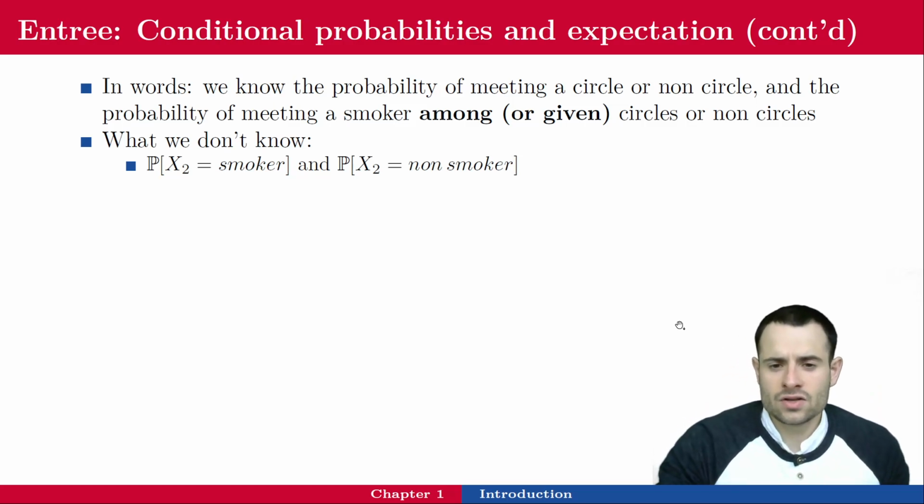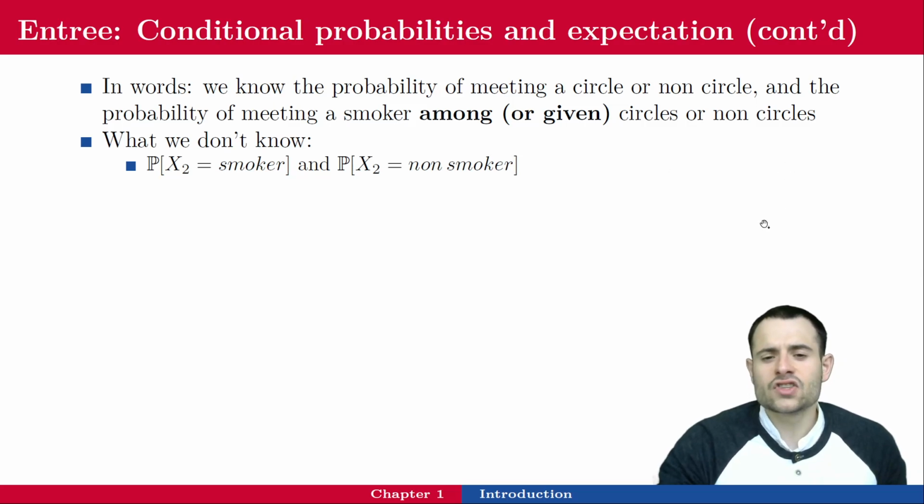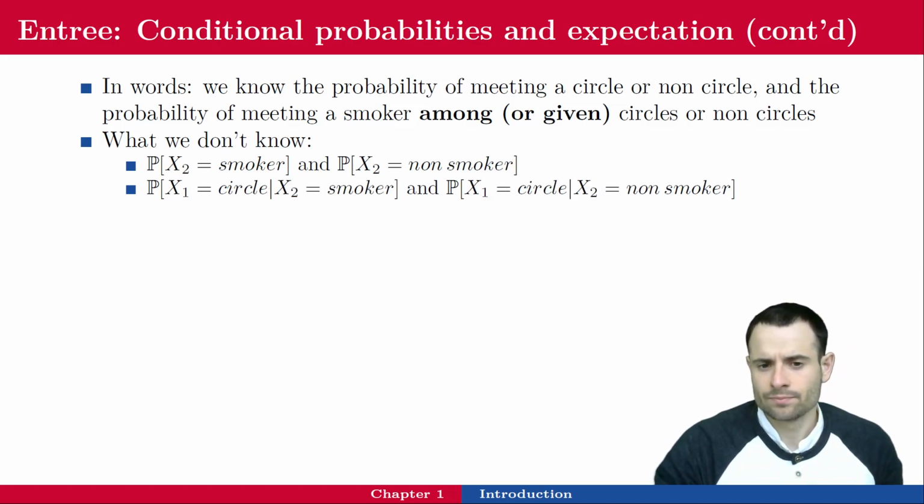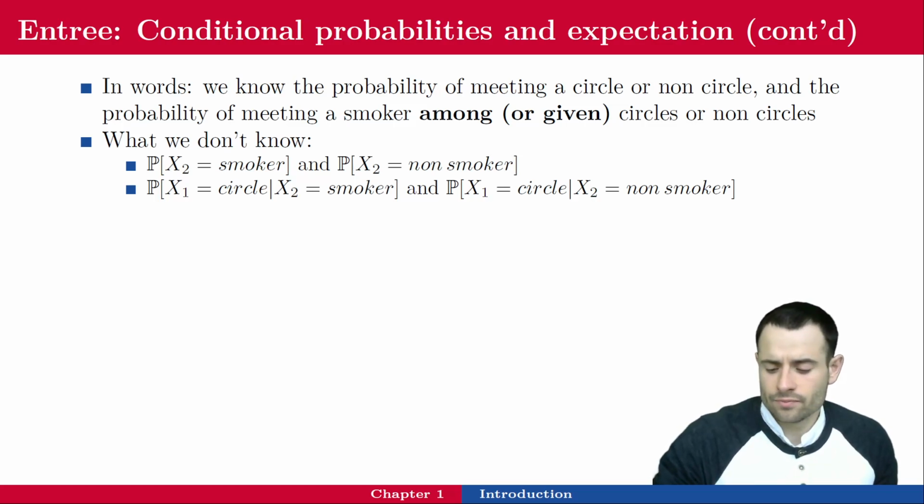We can find these probabilities using some math, but it's just not explicitly given in the exercise I showed in the previous slide. And among smokers, we don't know how many are circles. Same, among non-smokers, we do not know how many are non-circles.